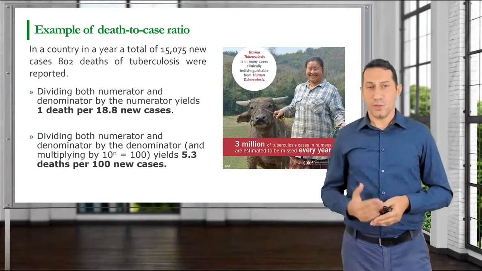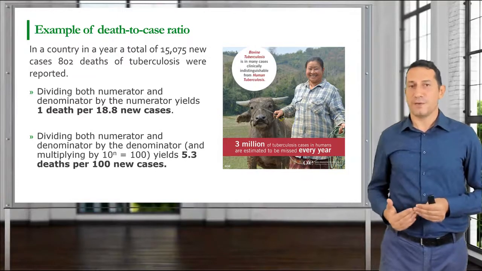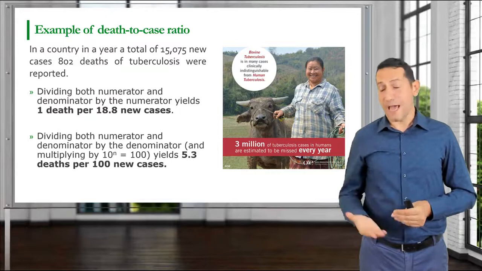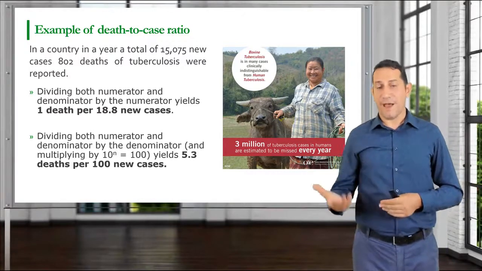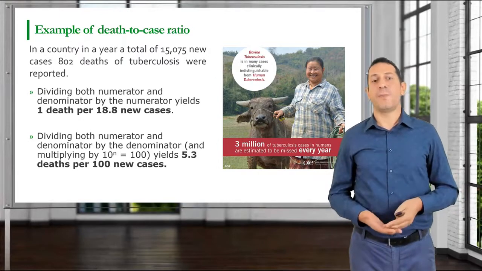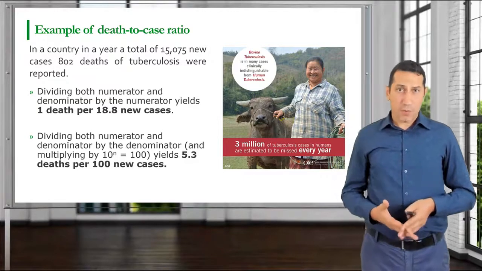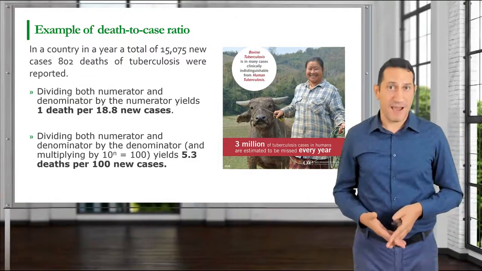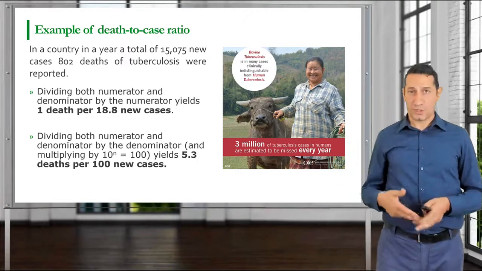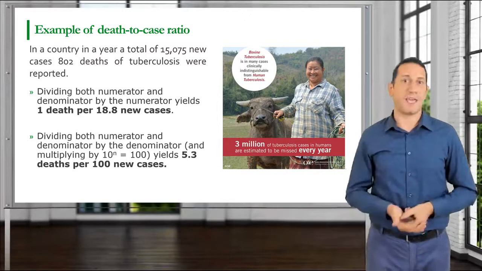And if we do the reverse, dividing both the numerator and denominator by the denominator and then multiplying them by 100, we get 5.3 deaths per 100 new cases, which means both options are valid and both are correct to be used. So whichever is better suited in terms of communicating the information.